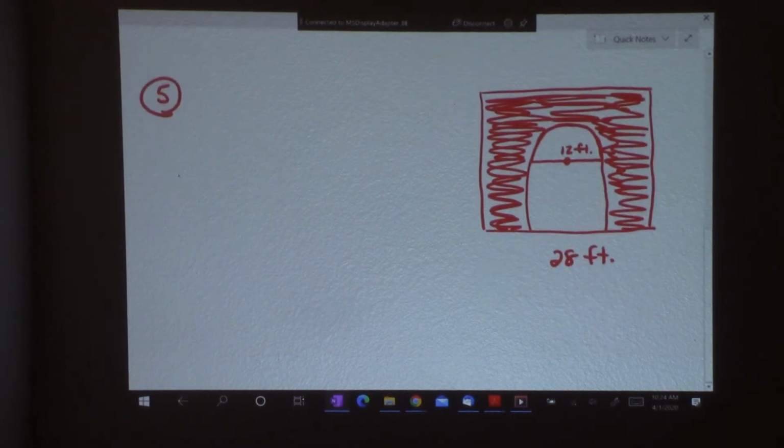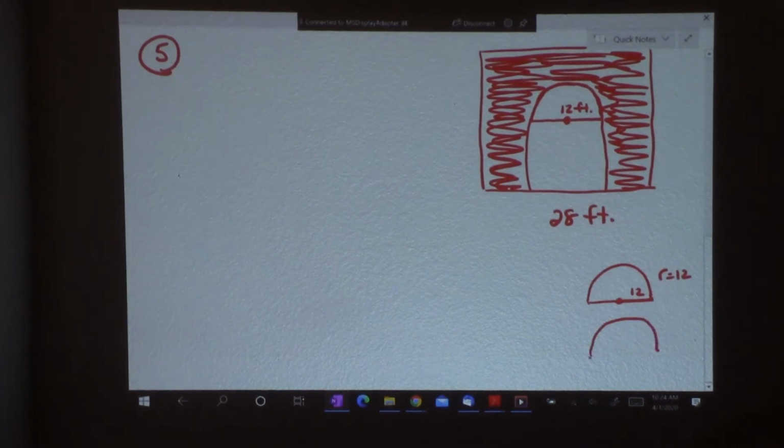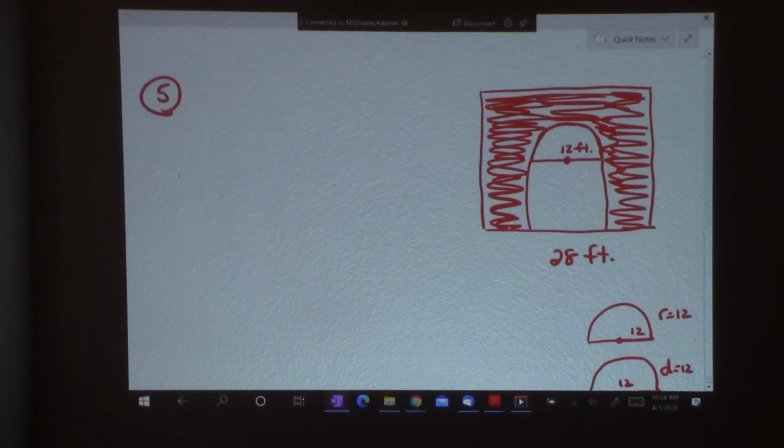If in a picture we had a semicircle and the 12 was here in the middle, not over the center, then that would be the radius. That is not what we have. What we have is 12 over the center point, so that means the diameter is 12. And on the rest of the picture, we know that from here down is 12, and from this point up to the top of the wall is 8 feet.